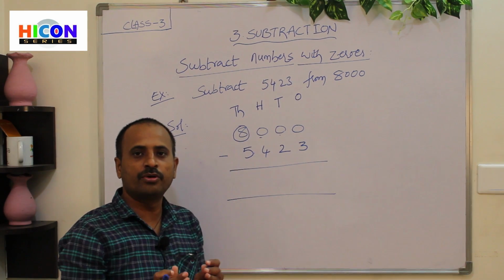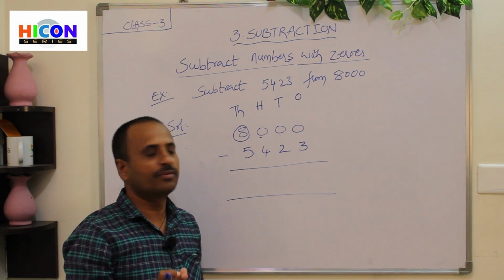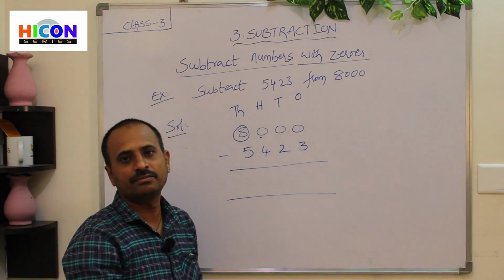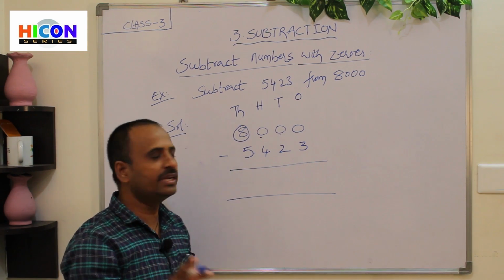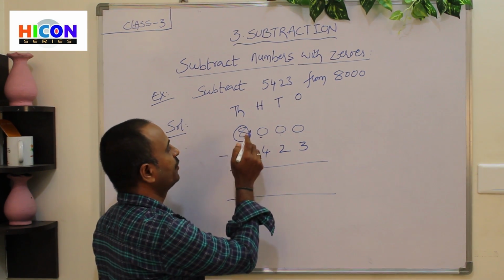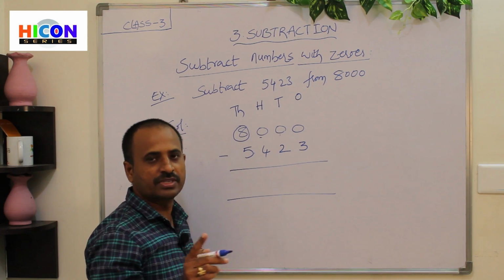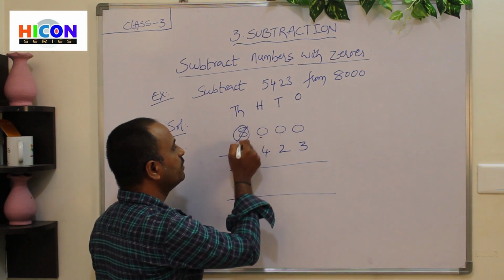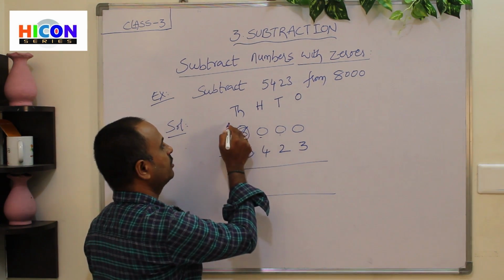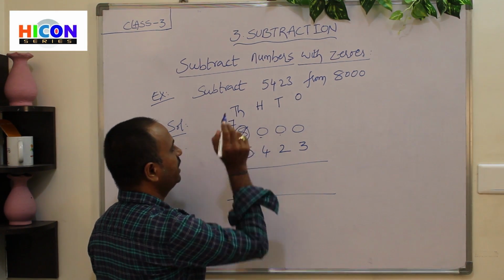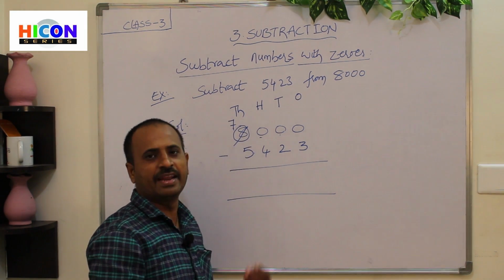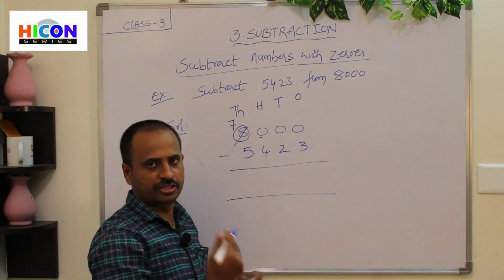So borrow 1000 from the 8 thousands. If you borrow 1000, how many thousands will be here? There will be 7 thousands. So write 7000 here, and carry the 1000 to the hundreds place.